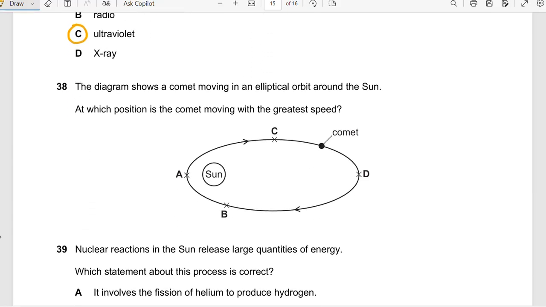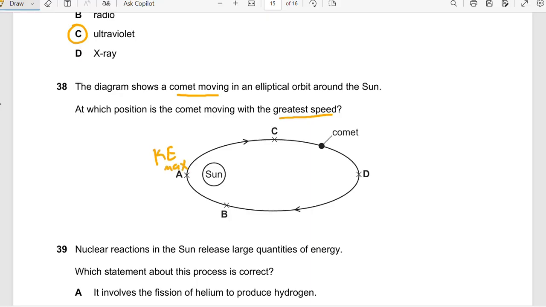Now question 38, they say the diagram shows a comet moving in an elliptical orbit around the sun. At which position is the comet moving with the greatest speed? Okay, let's remember, when the object is at the closest point to the sun, it will move with the maximum kinetic energy.